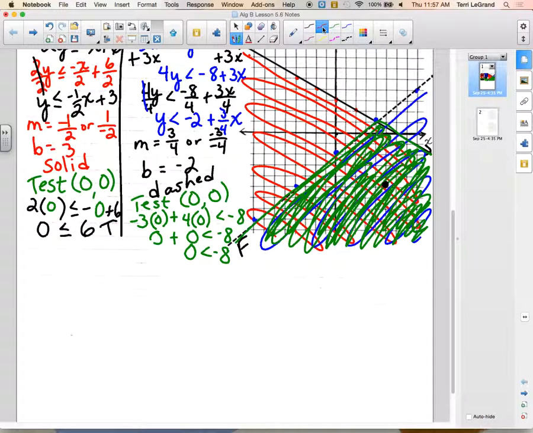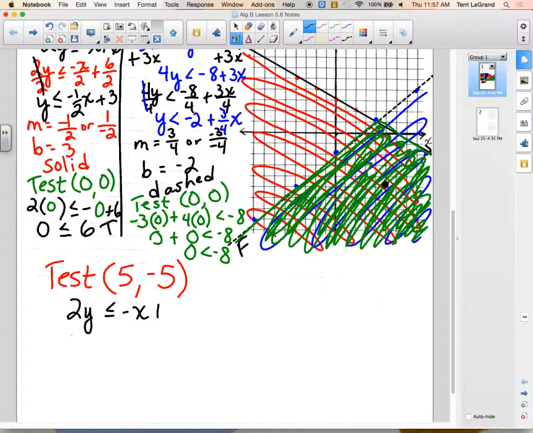Okay, so we are testing ordered pair 5, -5. And we have to test in both of them. Remember, it has to make both true in a system. So our first one was 2y is less than or equal to -x plus 6.